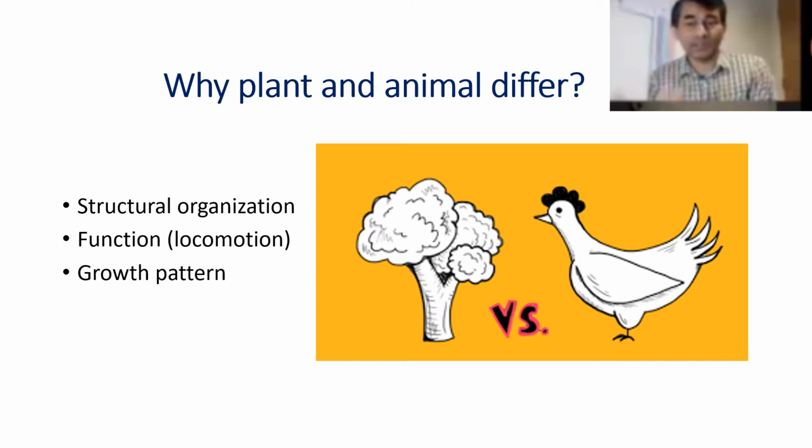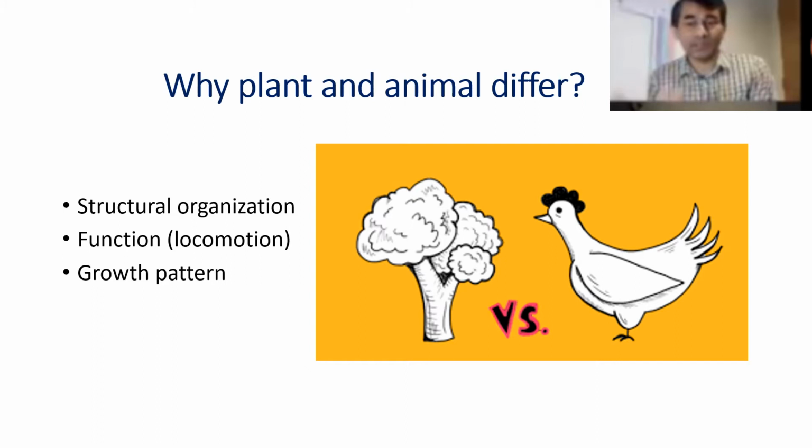Do plants search for food like this and move? No, they don't. They stand in one place, their roots go into the soil, and they suck water and nutrition from the soil. They don't have to move around for food. They don't have to catch prey like tigers have to catch prey. Lions have to catch prey. Birds have to catch prey.